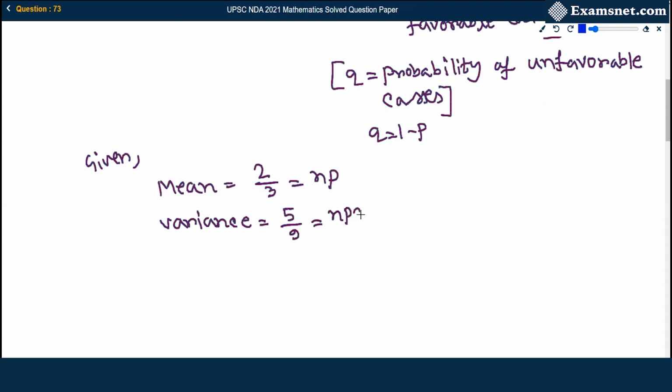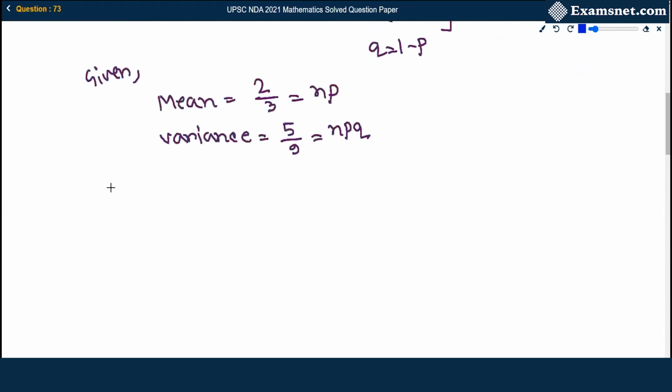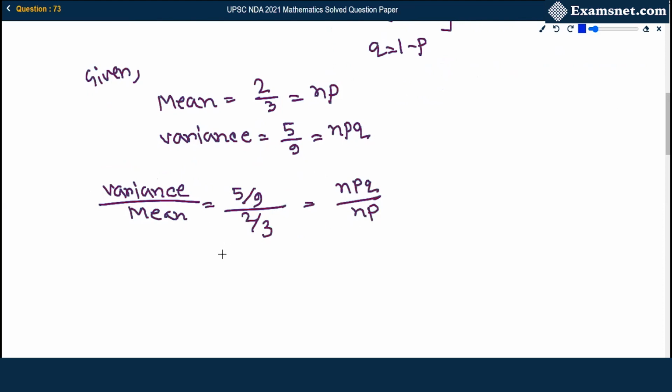Okay, so if we find the division of variance and mean, 5/9 by two-third, we will get NPQ by NP. So we will get Q equals 5/6, right?